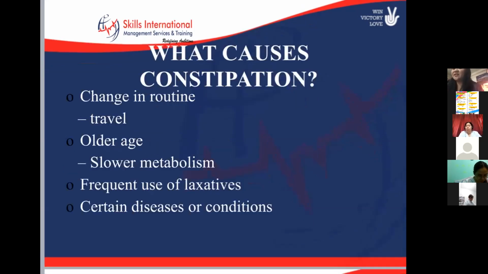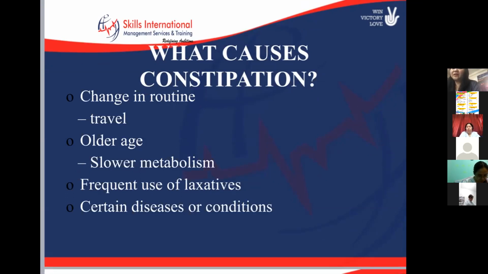Now, what causes constipation? Change in routine. Usually, when we go on travel, we're not able to pass already. We are already constipated because we are excited about the place that we are going. We are forgetting. Constipation may also be caused in older persons because they have a very slow metabolism.